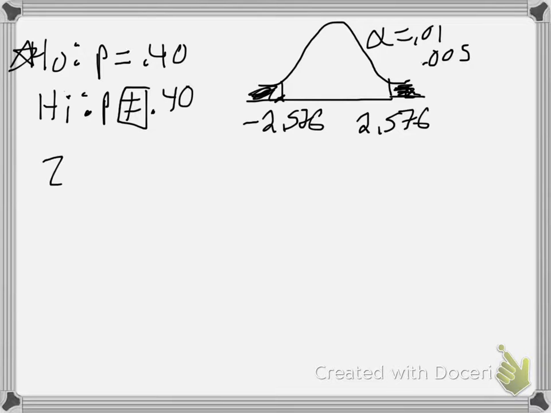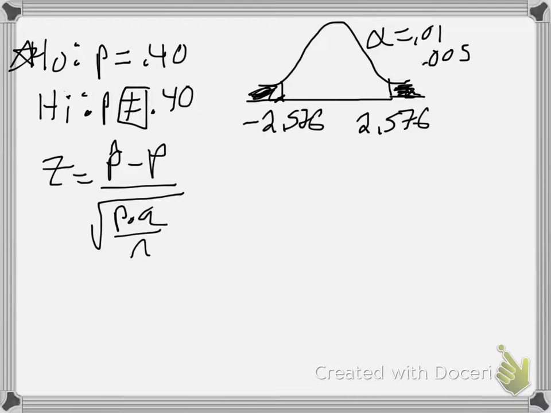And what is our formula? Z equals p hat minus p all over the square root of p times q over n. Well, what is our p hat? Well, we had 37 out of 100. That's pretty straightforward.